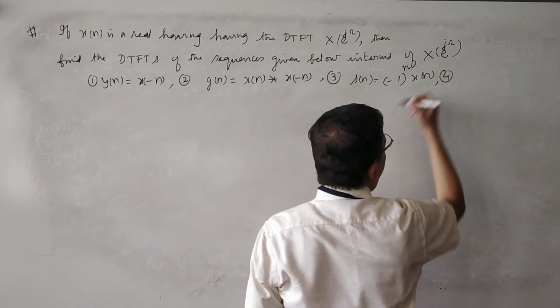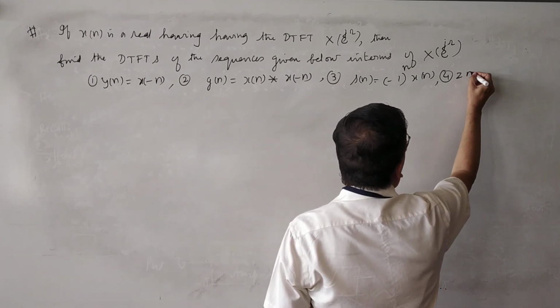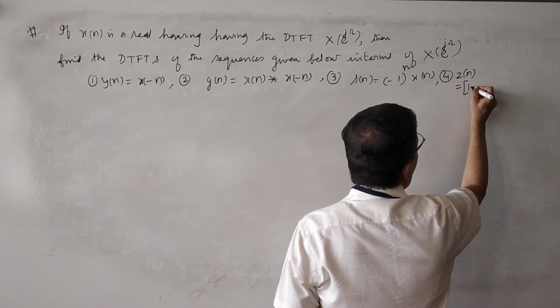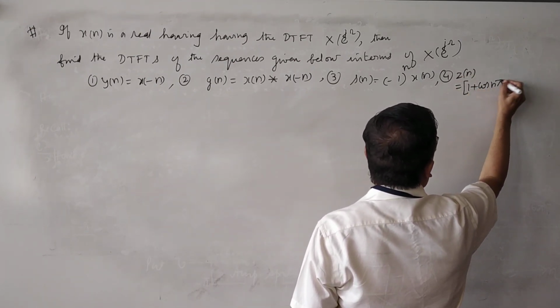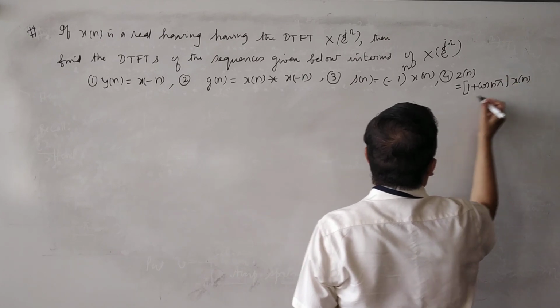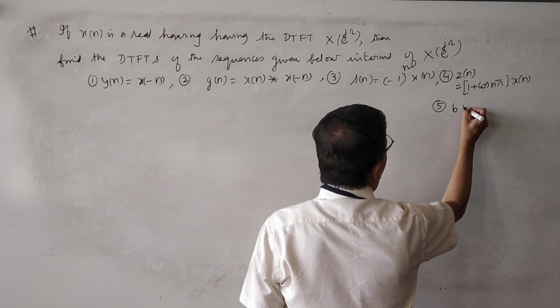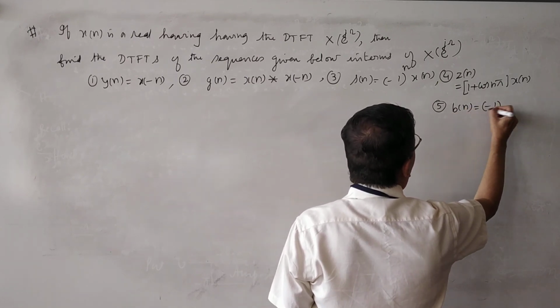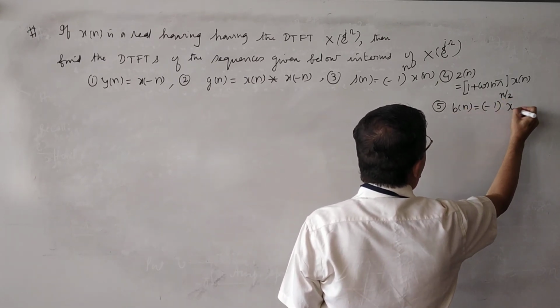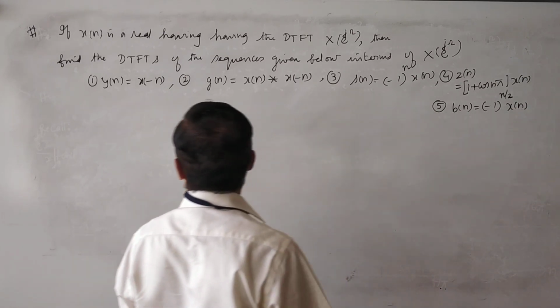Fourth one, z of n equals 1 plus cos n pi into x of n. And fifth one, b of n equals minus 1 to the power n by 2 into x of n.